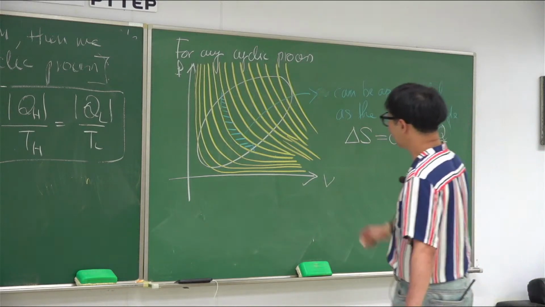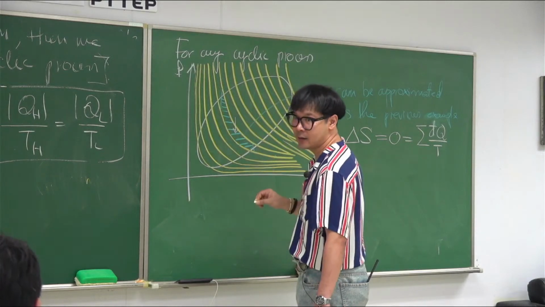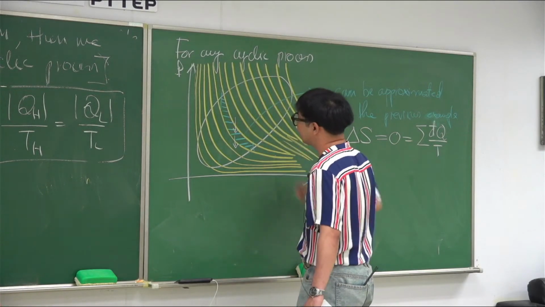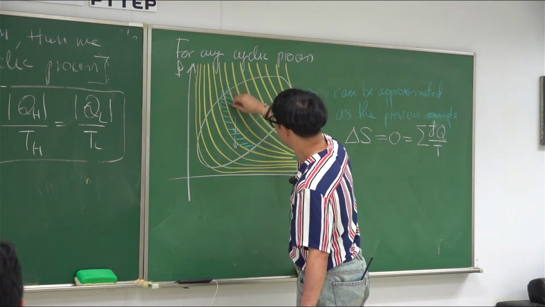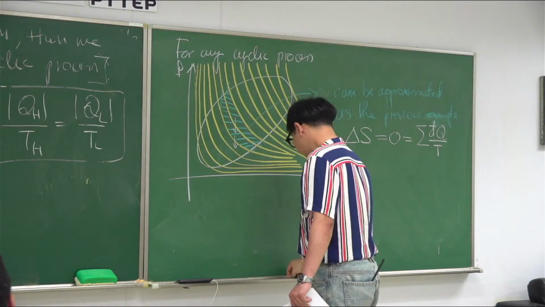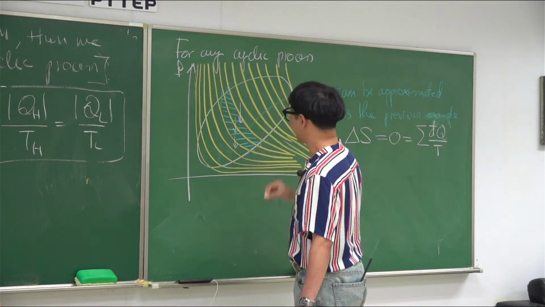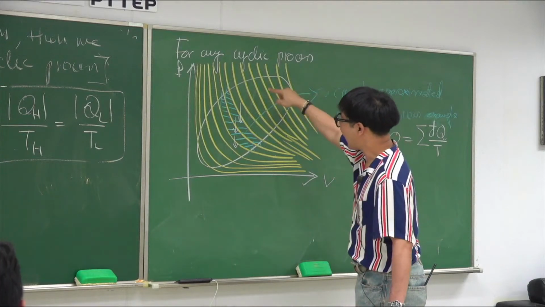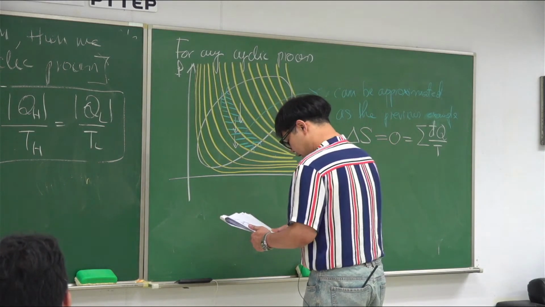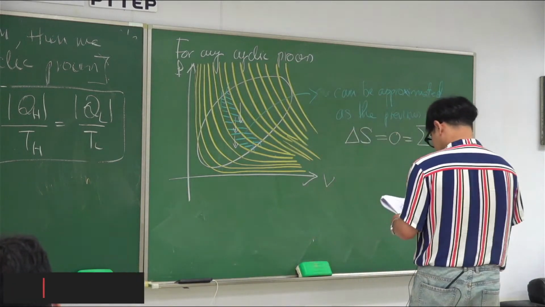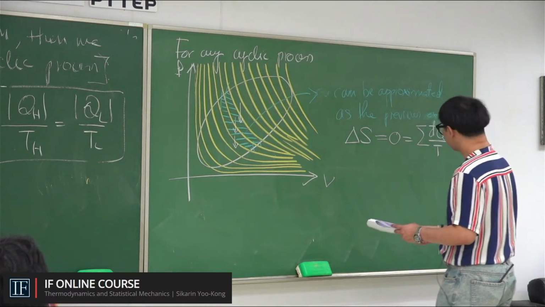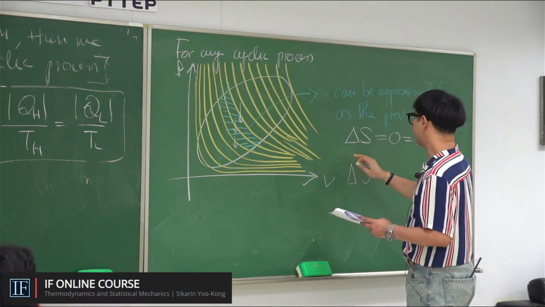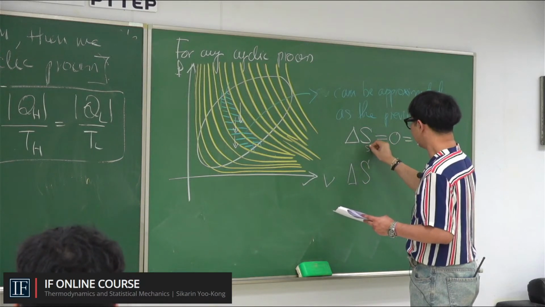So you will get heat coming in here and going out there. If you look at the process here, there will be heat getting in from this loop, and you have to add them up. So the total change is small.